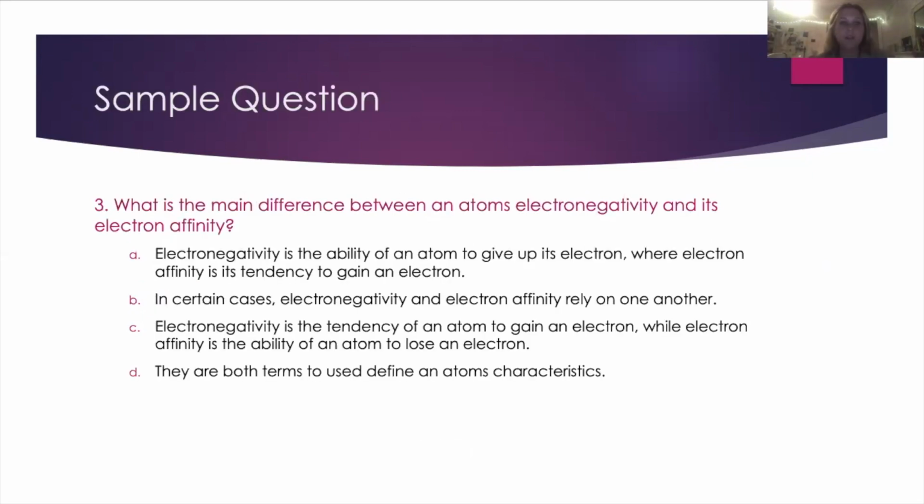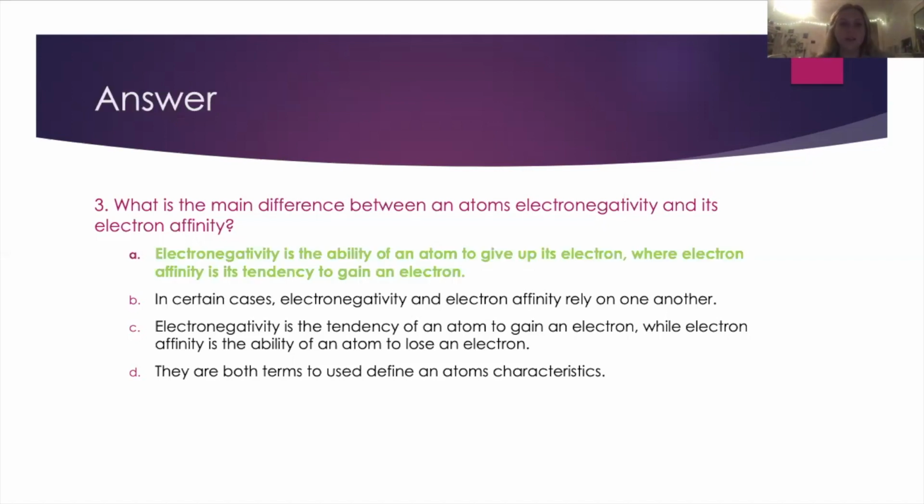So what is the main difference between an atom's electronegativity and its electron affinity? I'll give you a moment to read that. Electronegativity and electron affinity can be easily confused. Both of these terms describe the tendency to gain an electron, but they do so in different classifications. Electronegativity describes how readily an atom will become an anion, or how easily it will accept an electron.